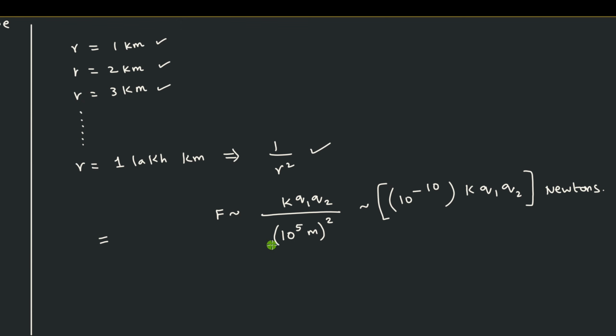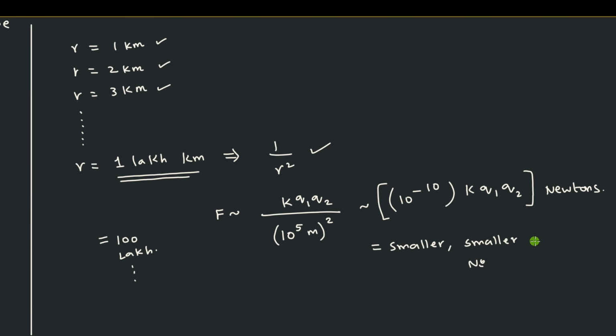What I'm trying to say finally is that when you are increasing this distance from 1 lakh kilometer to, let us say, 100 lakh kilometer, this is becoming a small number. It becomes a smaller and smaller number. If I repeat it for 2 lakh kilometer, the next number will be much smaller.